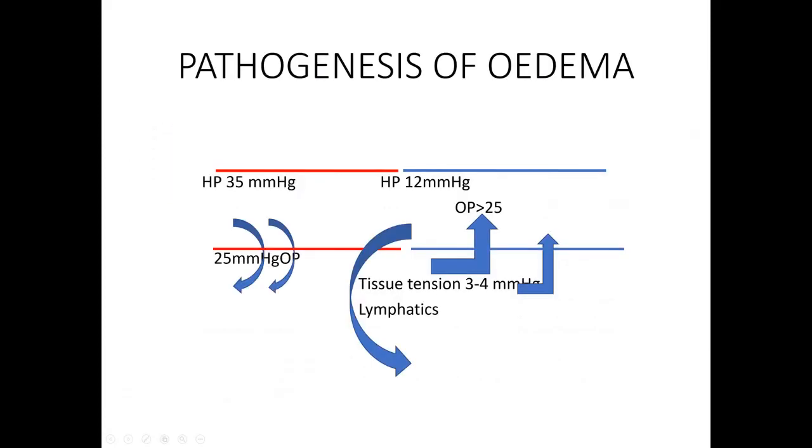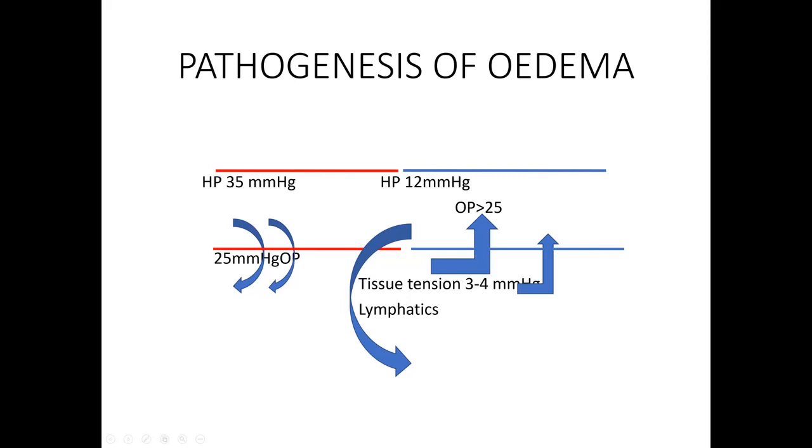Now, the same pathogenesis of edema is elaborated here. The red lines show the arterial side of the vessel where hydrostatic pressure is 35 millimeter of mercury and colloid osmotic pressure is 25 millimeter of mercury, and the arrow points that the fluid is going out of the vessel.